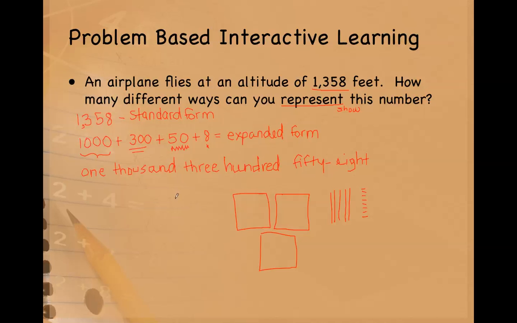So I will represent this using 1 cube. The way you draw a cube is you draw a square, and then you lay another one right on top of it, overlapping in any corner. It doesn't matter. And then you just connect. So this number, 1,358, is represented here by place value blocks or models. And that's how you represent a number.